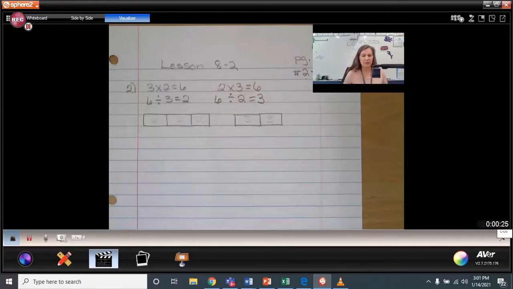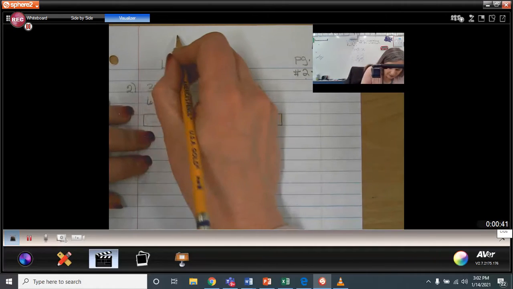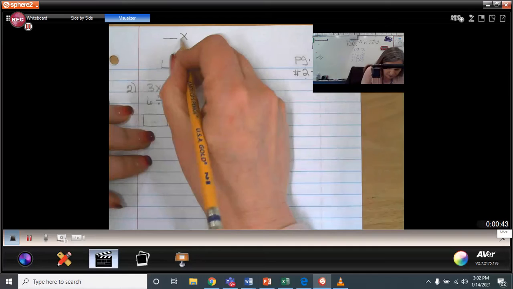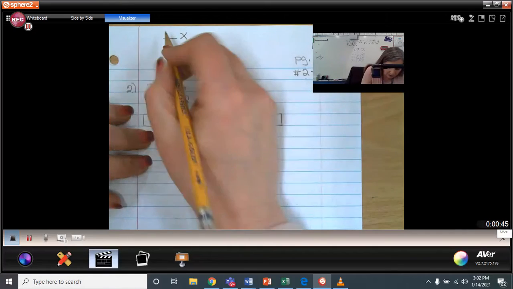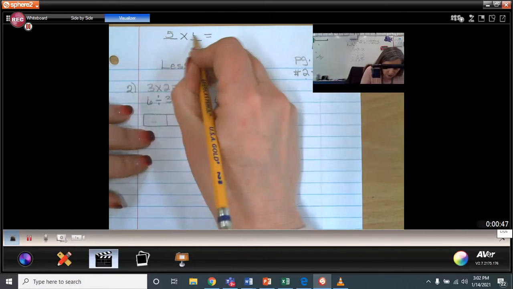Fact families, if you remember, we're using right now our understanding of the standard: I can use the factor of a multiplication problem to help me find my quotient. And what that means is if I have a factor, and I'm just giving you an example.